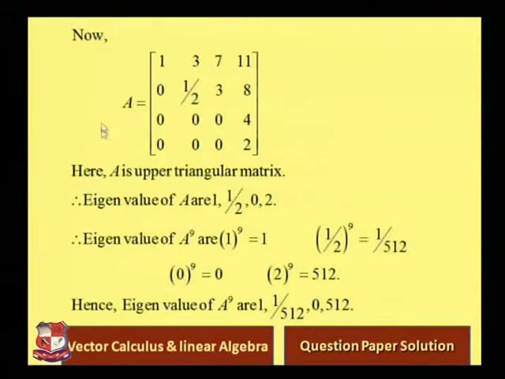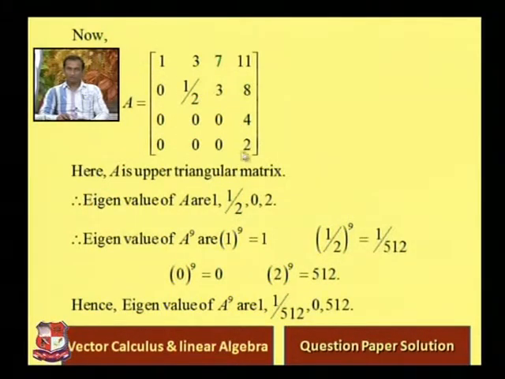Now one property for eigenvalues: if the matrix is a triangular matrix, like this one, then the diagonal elements are the eigenvalues. So 1, 1 by 2, 0 and 2 are the eigenvalues of the given matrix A. If it is lower triangular or diagonal, in all three cases the eigenvalues are the elements of the diagonal.